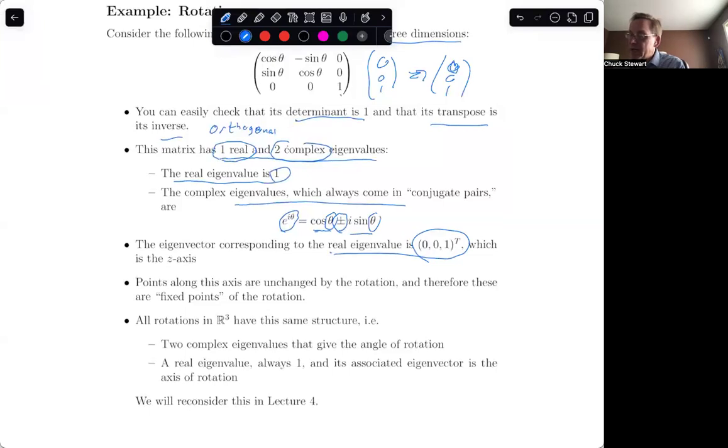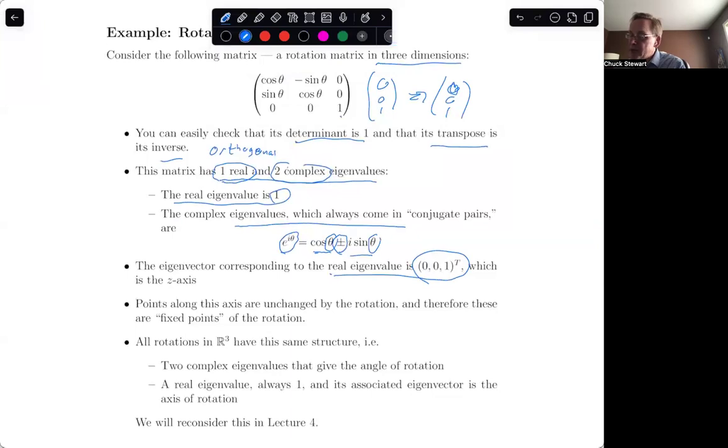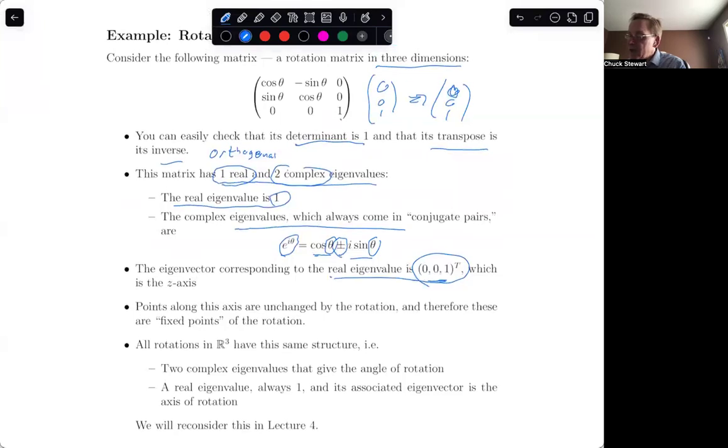So if we think about eigen meaning same, and this actually applies to arbitrary rotations in 3D, the eigenvector corresponding to the real eigenvalue is 0, 0, 1, which is the z-axis. It's actually the axis of rotation. And if you think about it for a little bit, points along this axis are unchanged by the rotation and therefore are fixed points of the rotation.